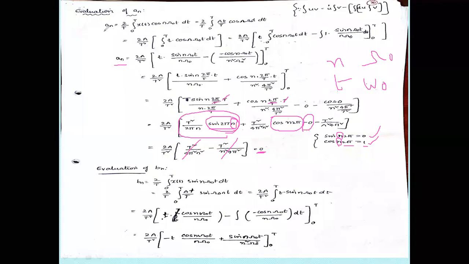So after simplifying the equation of an, 2 by T, the integral over T, taking x of t as A by T times t, and cos n omega naught t dt, these two functions are in the form of integral uv. After simplifying, we got an is equal to 0.